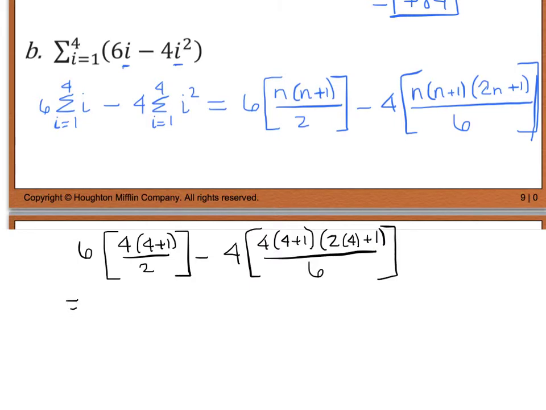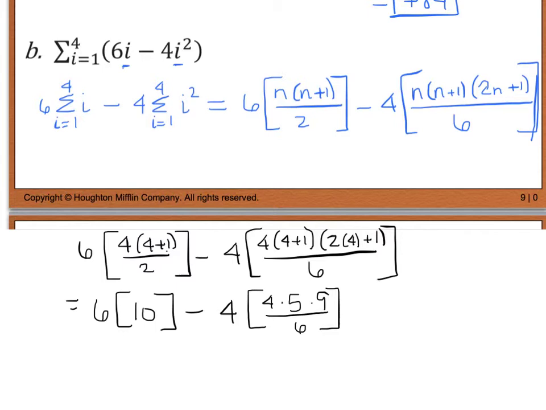And then we simplify, we end up with 6 times 4 plus 1 is 5 times 4 is 20 divided by 2, which is 10, minus 4 times, I end up with 4 times 5 times 9, all of this is divided by 6.